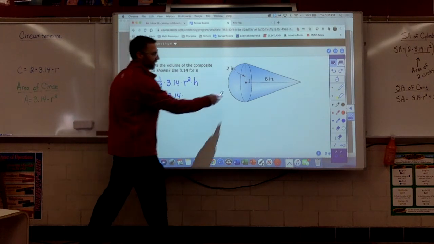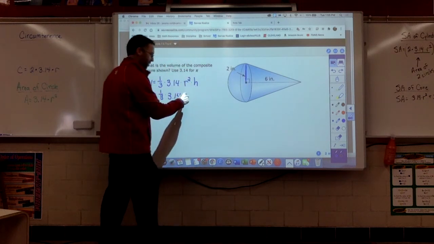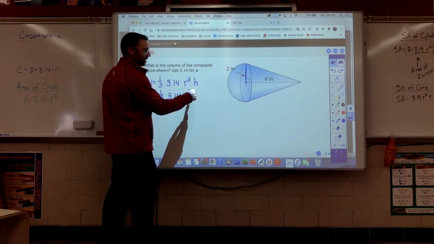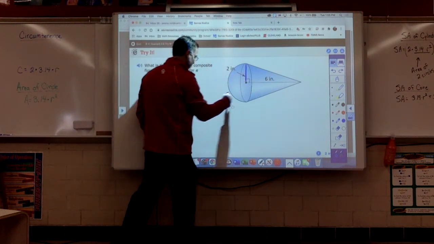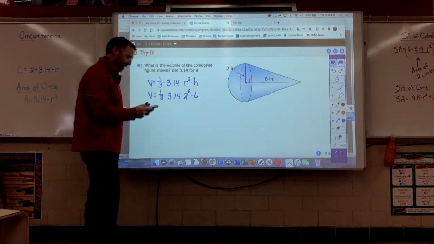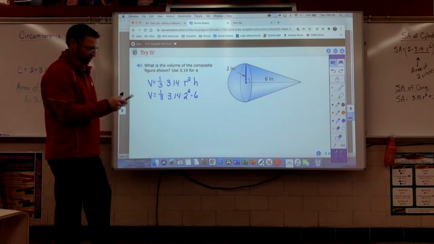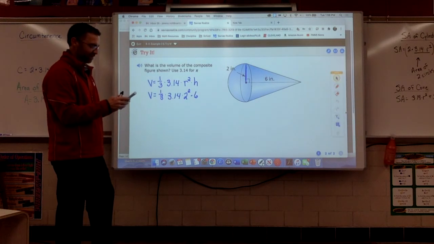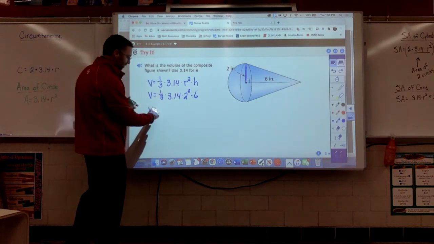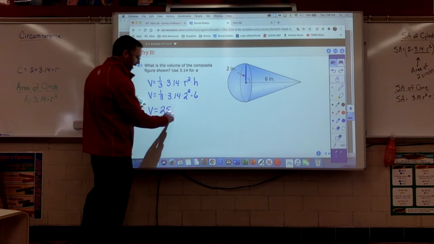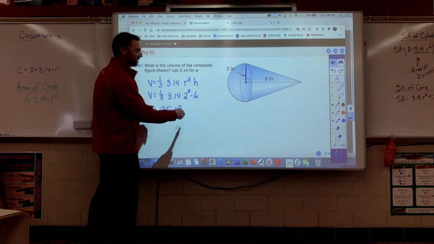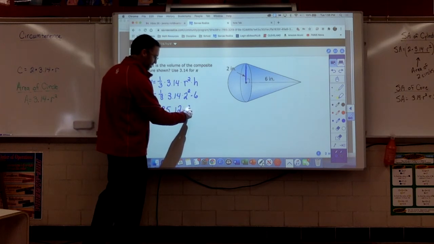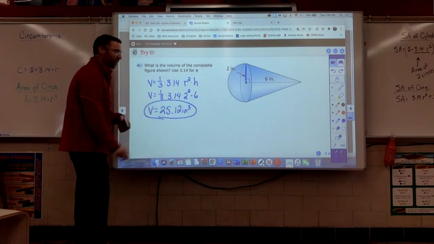The radius is given as 2, and the height of the cone, the distance from the base to the point, is 6. So 1/3 times 3.14 times 2 squared times 6 comes out to a volume of 25.12 cubic inches. This is the volume of the cone.